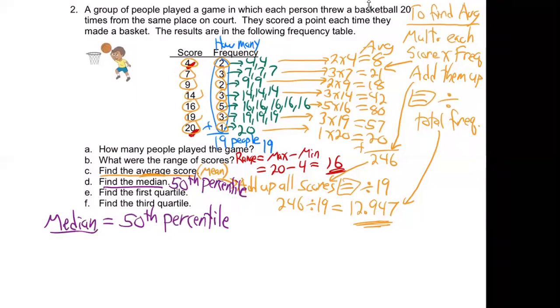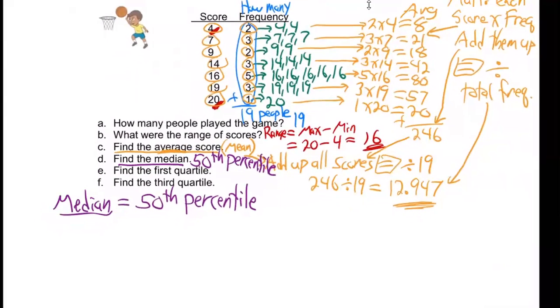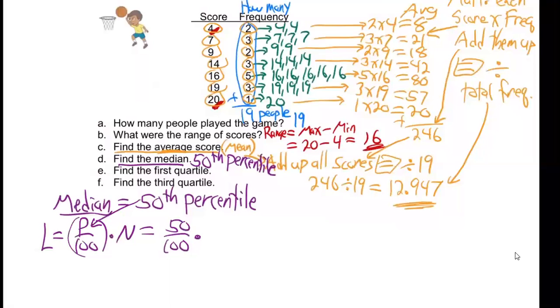Median is 50th percentile. And to find 50th percentile, remember what we do? We use that formula, P over 100. So L equals P over 100 times N. And we plug in the 50. So we get 50 over 100 times N. Now, what's N in this question?